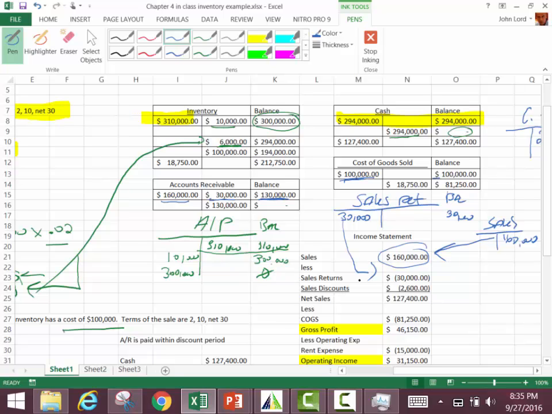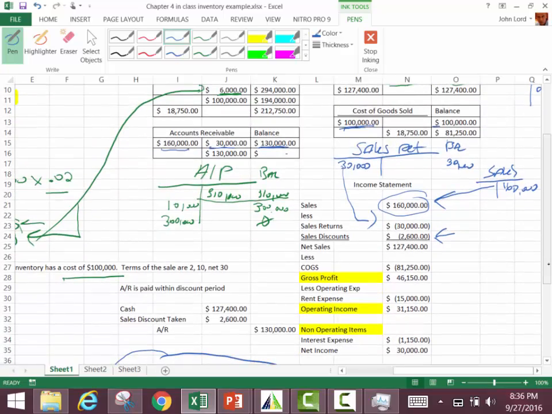Okay. Then what? Then I had the sales discounts of 2,600. That was because the guy paid me. And when he paid me, what happened? He paid me within the discount period himself, didn't he?